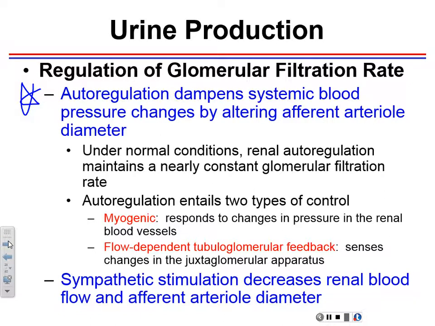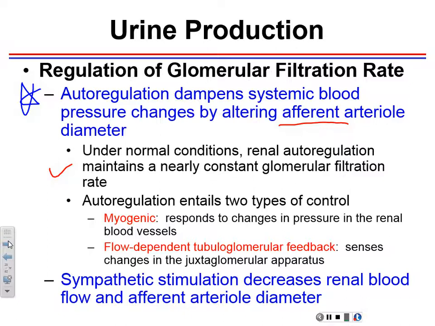It's regulating itself, and it happens by altering the diameter of the afferent arteriole, because that's what creates the pressure differential in the first place anyway, right? So under normal conditions, it will maintain an almost constant glomerular filtration rate, the amount of fluid you're producing per unit time, per minute.